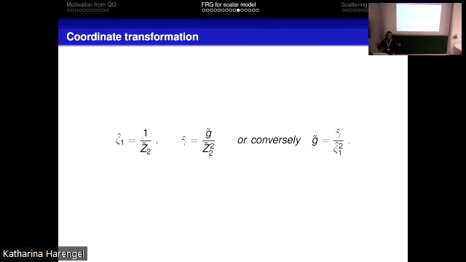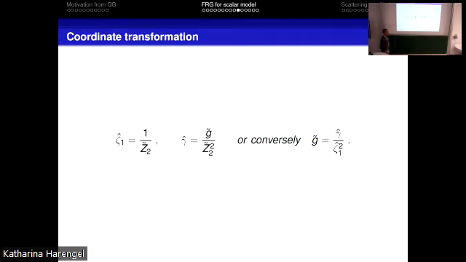Now, the relation between these two descriptions is given by a certain transformation. Obviously, we've defined the couplings in a certain way. We know how we define them, so we can relate the definitions. And the relation is given here.